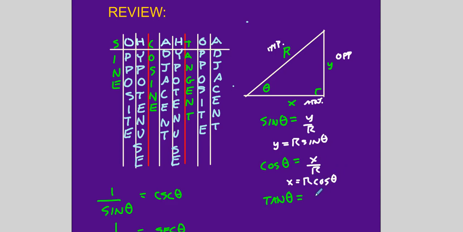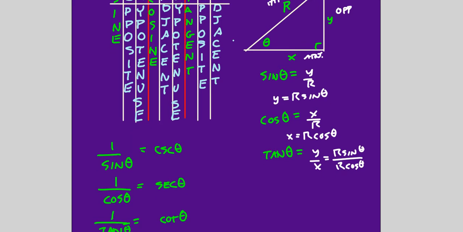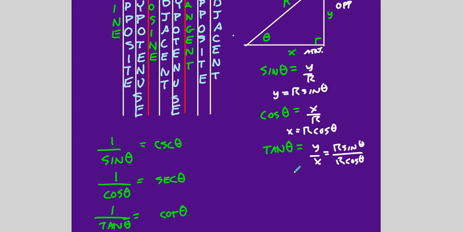And notice that tangent is opposite over adjacent, which is y over x, but y is equal to r sine theta, and x is equal to r cosine theta, which gives me the identity that I just talked about in the opening. Tangent theta is equal to sine theta over cosine theta, because the r's cancel out.